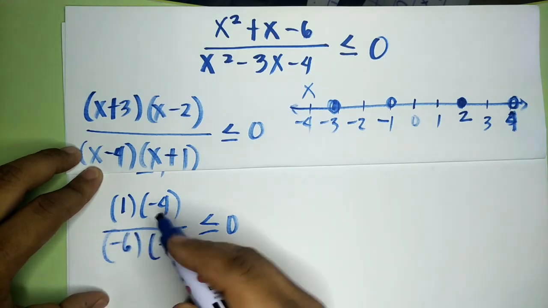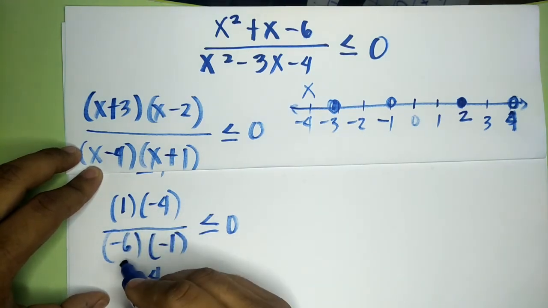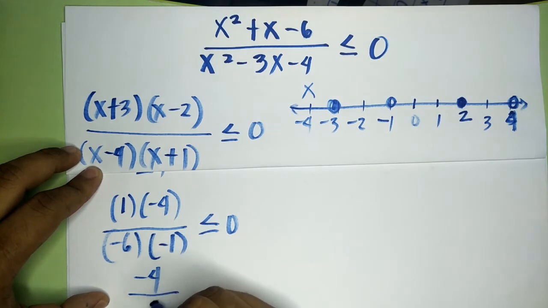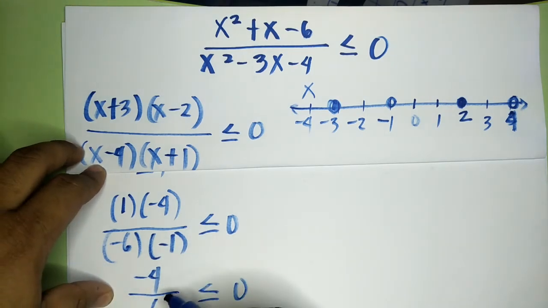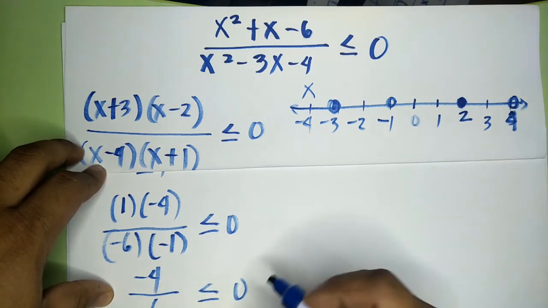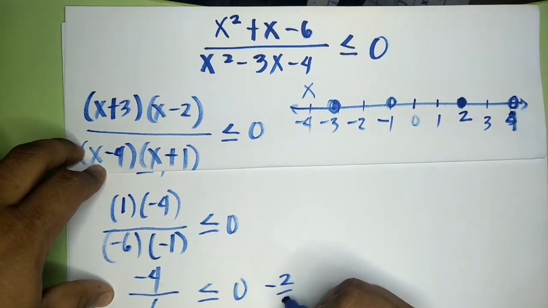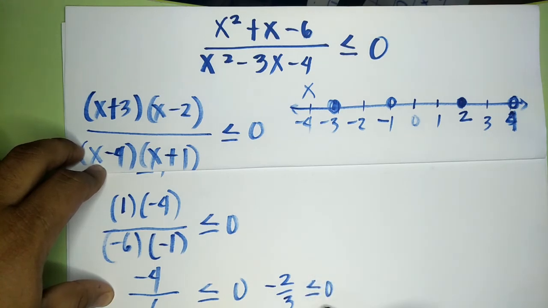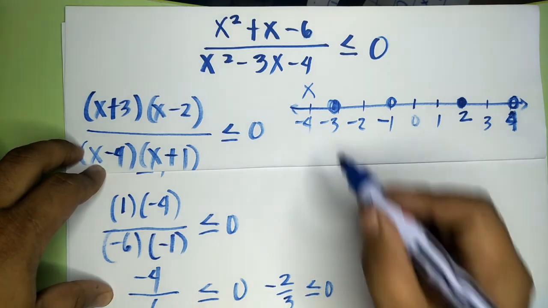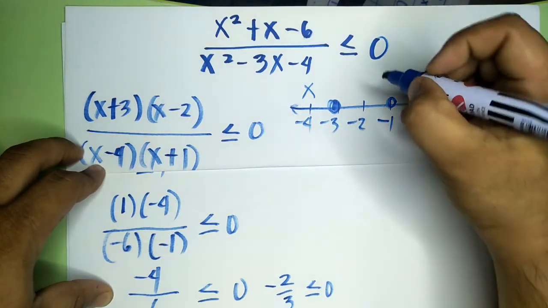So 1 times negative 4 is negative 4. Negative 6 times negative 1, that's positive 6. Negative divide positive, that is equal to negative 2/3, is less than or equal to 0. So that is negative 2/3 is less than 0. So meaning kasali yung nasa pagitan ng negative 3 at negative 1.